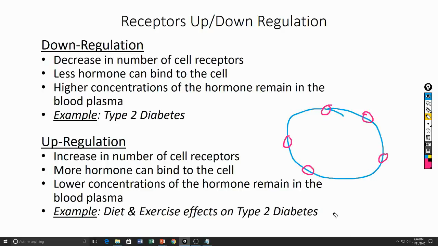Okay, and these people will start becoming increasingly resistant to insulin. They're resistant to the effects of insulin, which means their blood glucose levels stay high, and there's negative consequences to that.